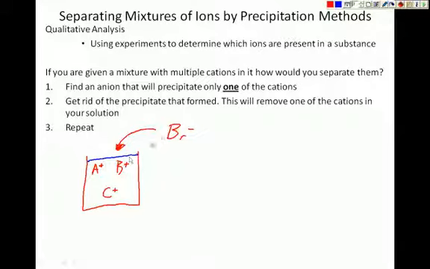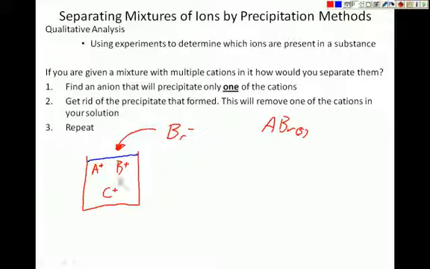So Br, and with our fictional cation B plus, this will be soluble. B plus and Br minus is soluble, and Br minus and C plus is also soluble. However, Br and A, so let's pretend we have this fictional thing of ABr, forms a solid.